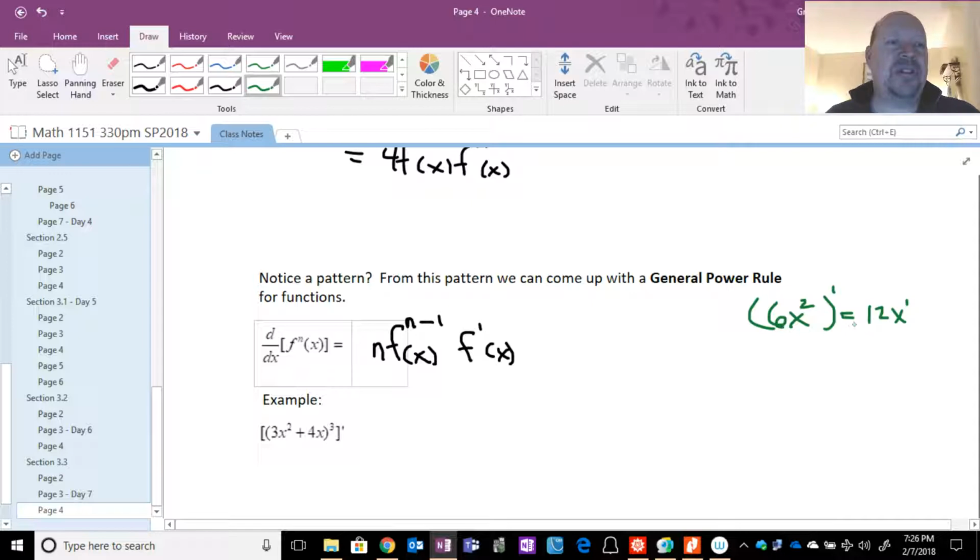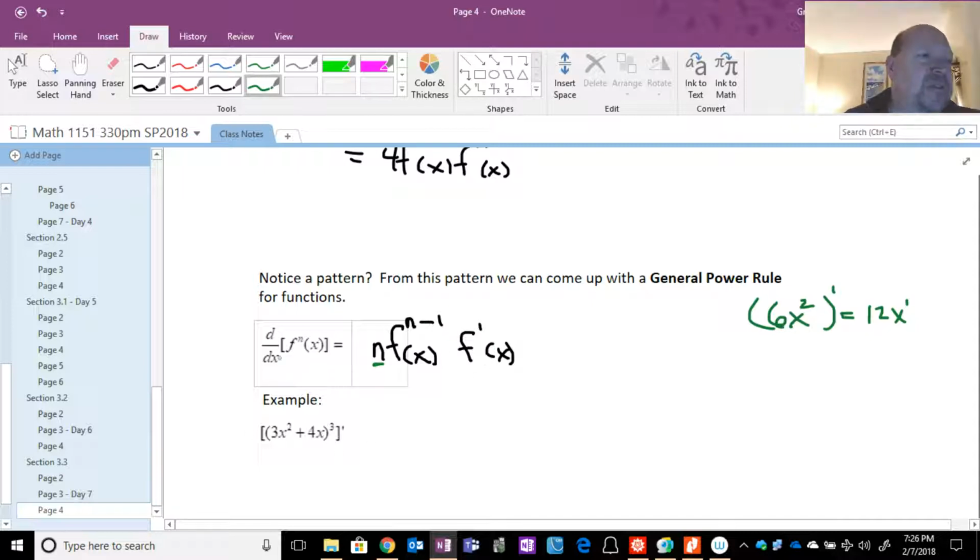So this is different in that we're taking an entire function and priming it, no matter what the function is. So the result is not only that n is moved down in front and this function is taken to the n minus 1, but we're also multiplying by the derivative.